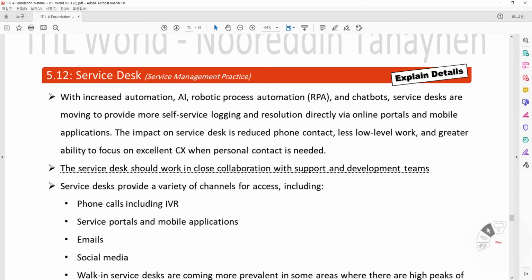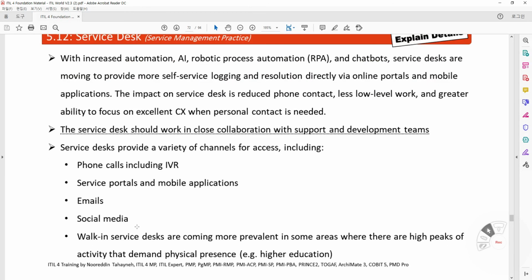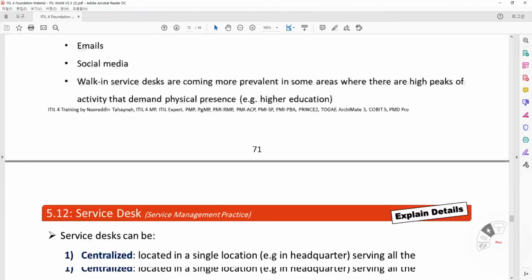Service desk provides a variety of channels for access, including phone calls, including IVR, service portals and mobile applications, emails, and social media. Walk-in service desks are becoming more prevalent in some areas where there are high peaks of activity that demand physical presence, such as higher education.